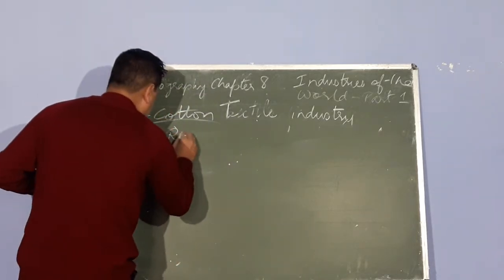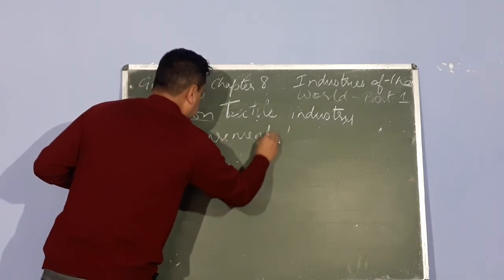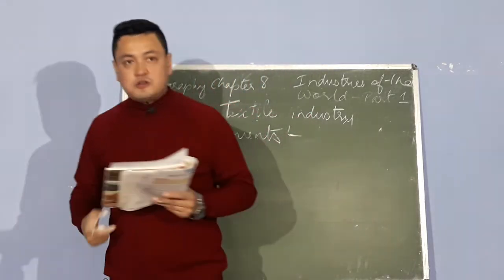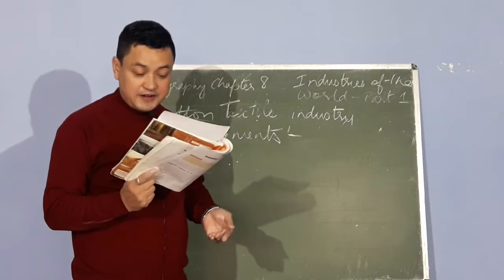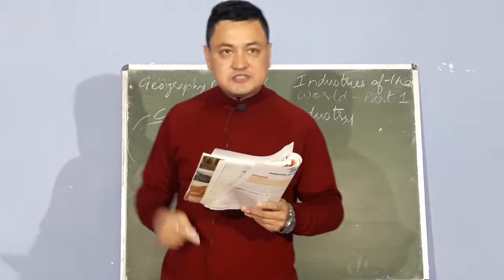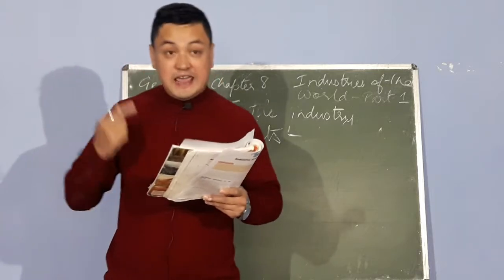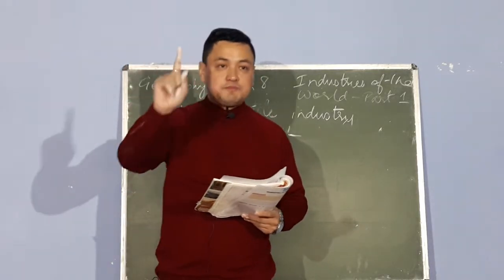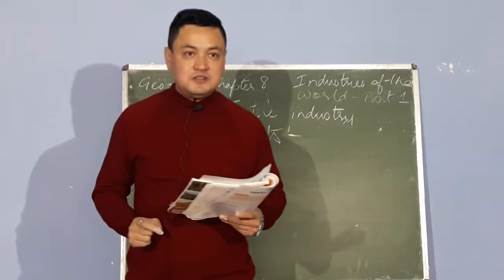So what are the requirements of cotton textile industry? Raw material is needed, different types of raw material, plant-based, animal-based, as well as synthetic fibres. Chemical dyes, color is needed. Power, that is energy or fuel, is needed. Plenty of labor is needed in this. And another thing, the most important thing, is weather or the climate, the most suitable climate.